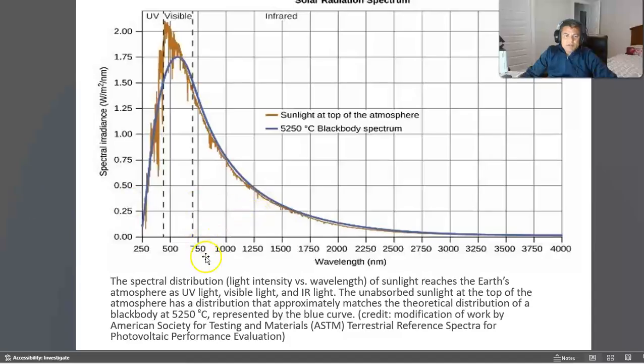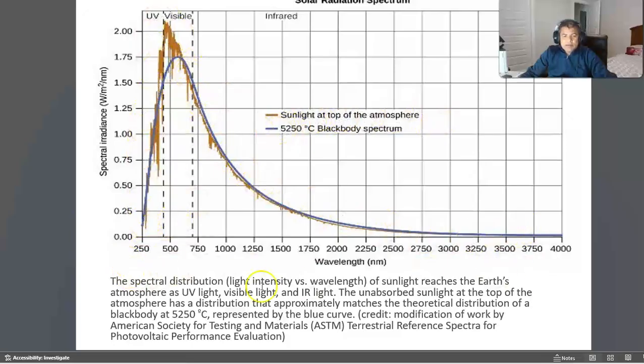Now let's see here the spectral irradiance. This is the wavelength. At a particular temperature, this is the black body spectrum. Let's say this light is the sunlight at the top of the atmosphere, and this is the approximation of the black body.